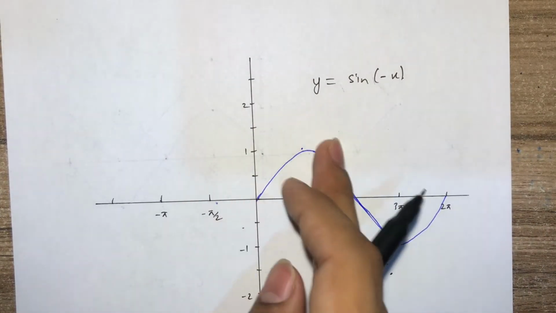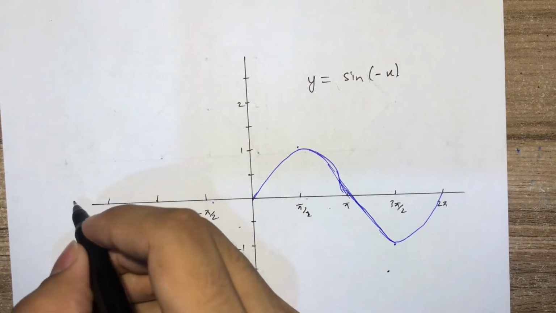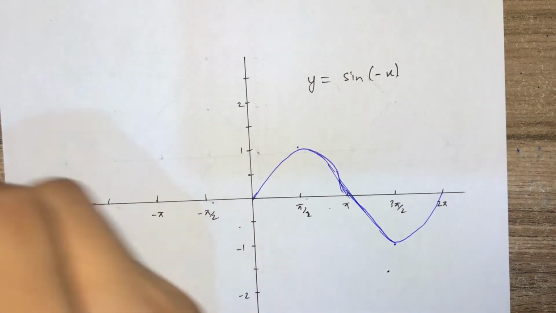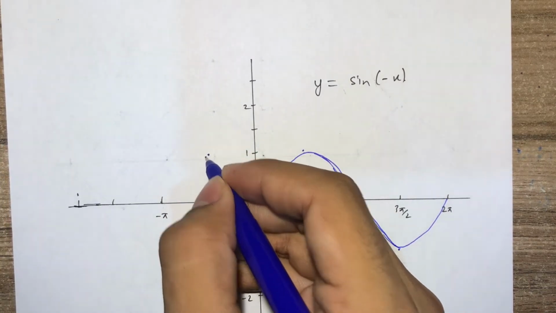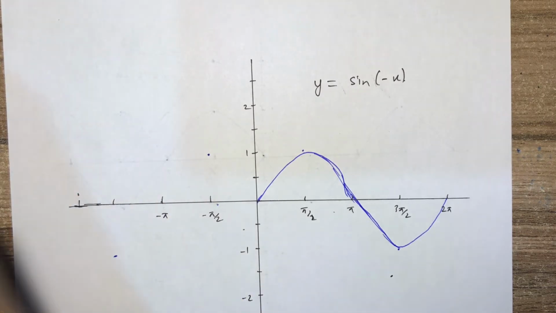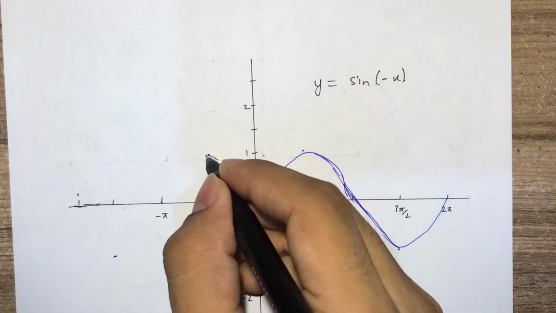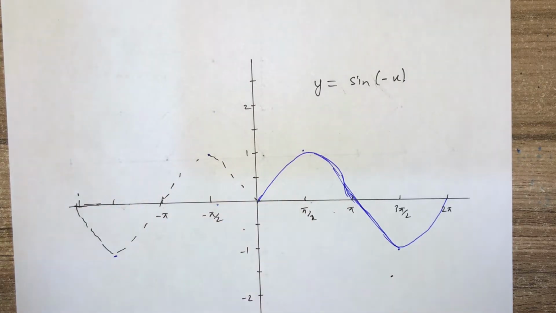So we'll reflect the graph in the y-axis, right? So the graph would be like this. This will be y equals sine negative x.